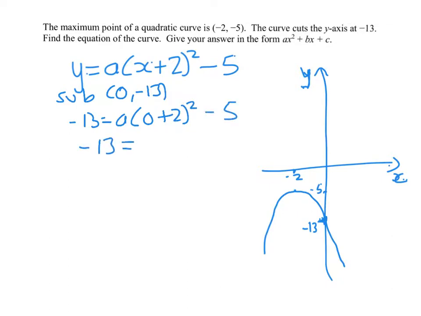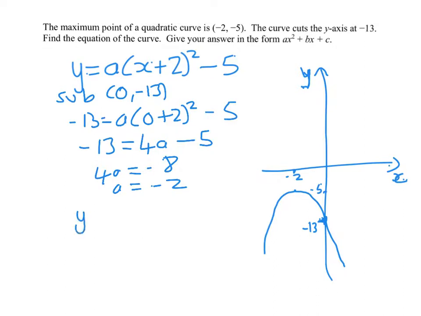So -13 equals 4 lots of a minus 5. 4a will equal -8. a equals -2. This is all using that completed square form to help us.